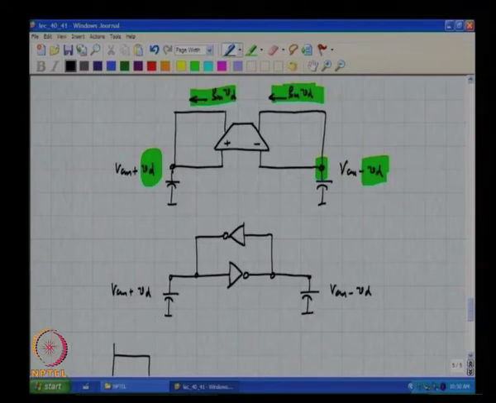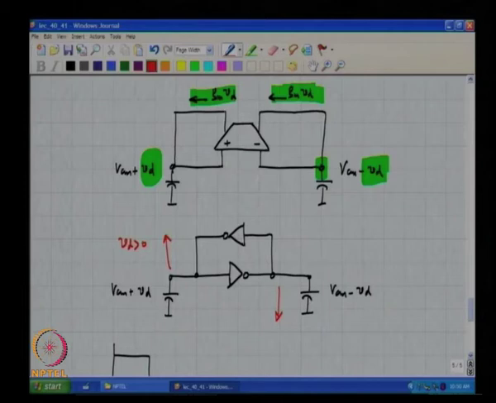And therefore, if Vd is greater than 0, what will happen is that this potential will keep going higher and higher, which means this node, VCM minus Vd, will keep going lower and lower, correct, and vice versa.